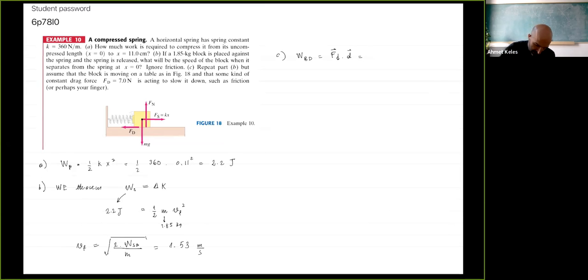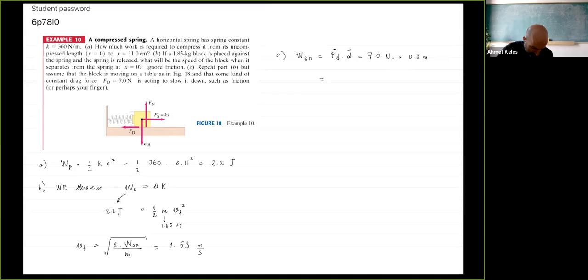But the key is drag force is always in the opposite direction. It's trying to slow it down, but the displacement is in this direction. So this whole thing is going to be negative because they are in opposite directions. So let's remember that. The drag force is 7.0 Newton times the displacement, again 11 centimeters, which is 0.11 meters.